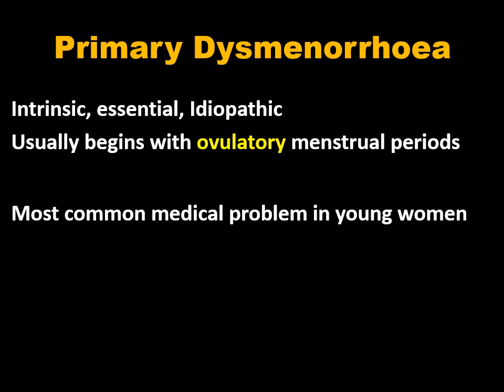It can be called intrinsic, essential, or idiopathic, and usually begins with the ovulatory cycles. So the initial onset is usually 6 to 12 months after menarche, when the ovulatory cycles are established. And this is the most common medical problem in young women.